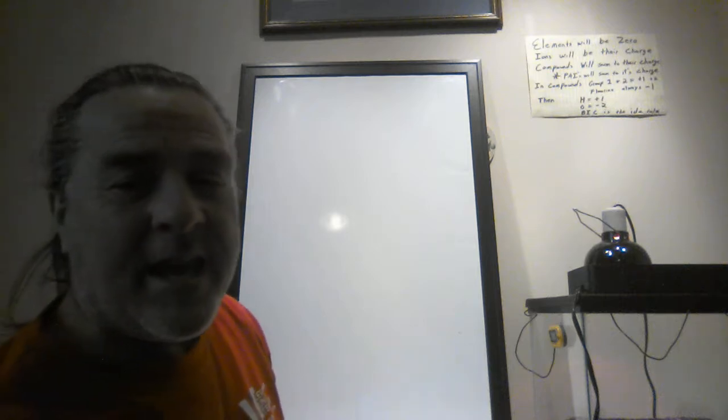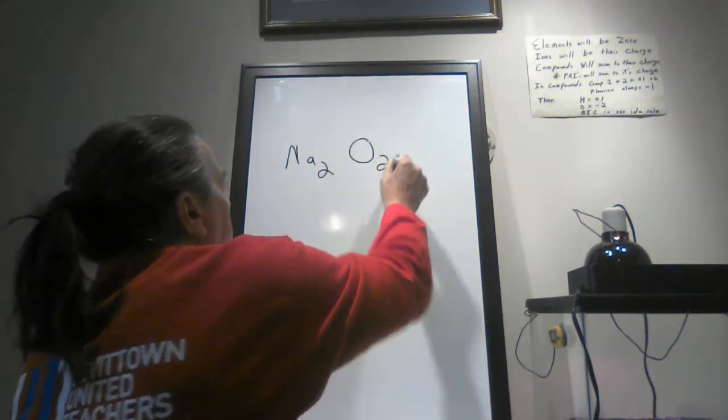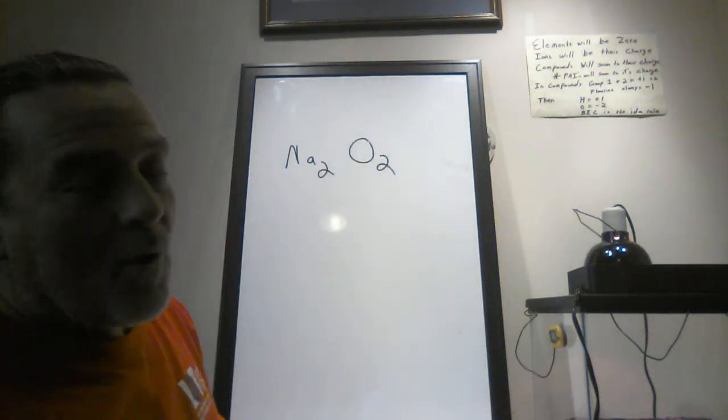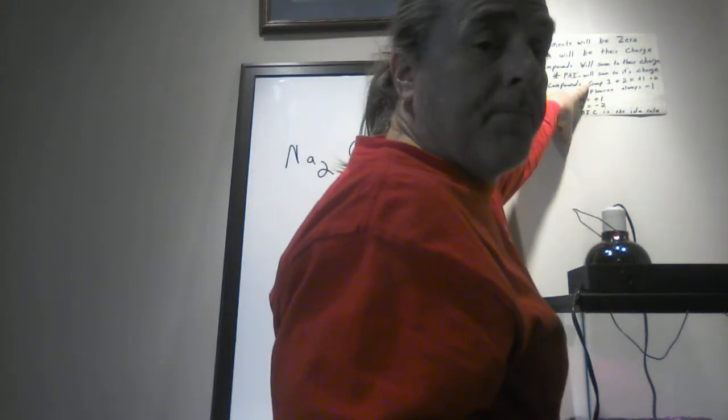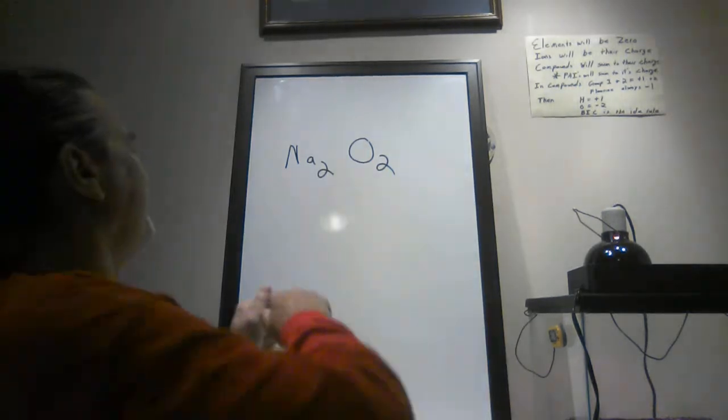Choice 3 is Na2O2. Watch this. The rule for oxygen is down here. Na is in group 1. That rule is up here. We apply that first. So group 1 is +1.